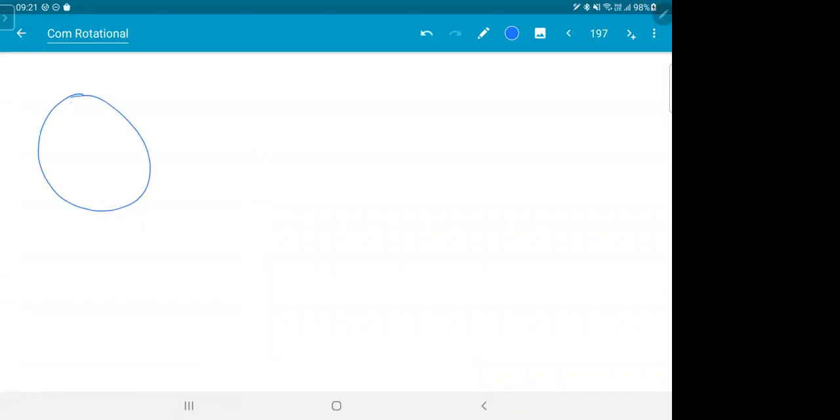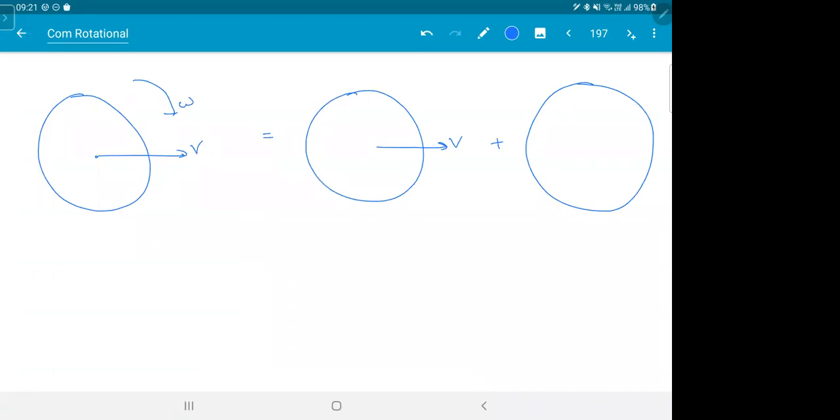So if you have a body going with velocity v and omega, you can split this into v now and omega. The meaning of this is, if you consider 4 points here, A, B, C, D, and let's say there's some point here, E. Now in translation, what will happen?